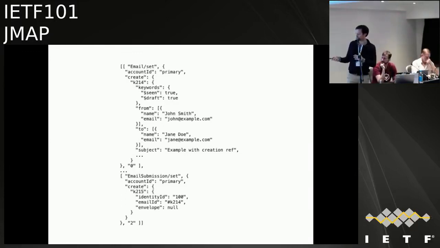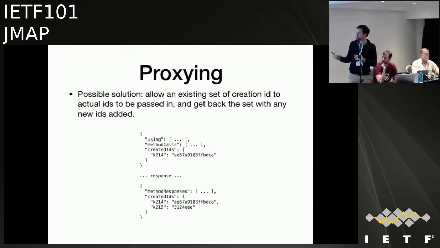So that's the issue. One possible solution, which I think is quite simple but also quite neat: we now have this top level object for our API request, because we pass the capabilities we're using as well as the list of method calls.